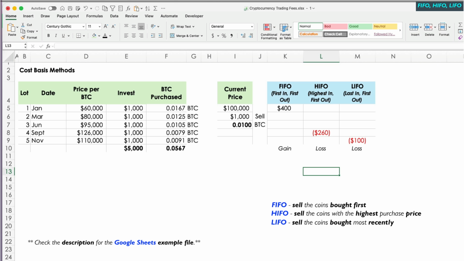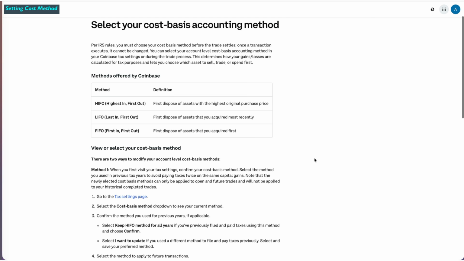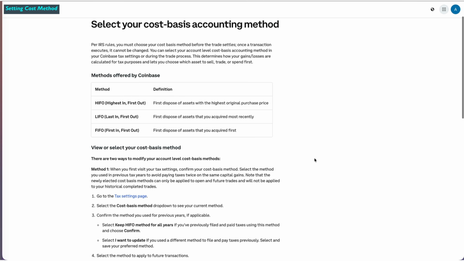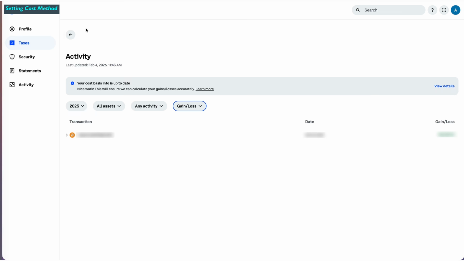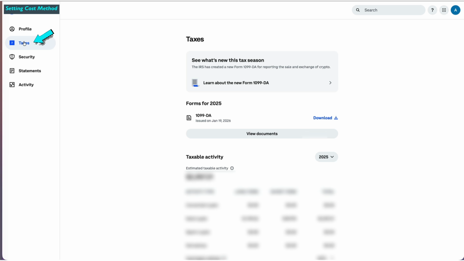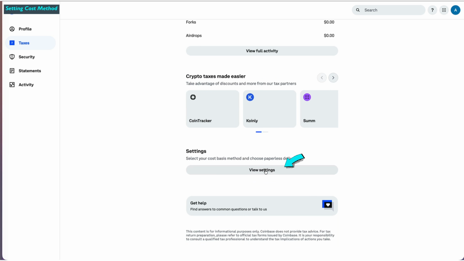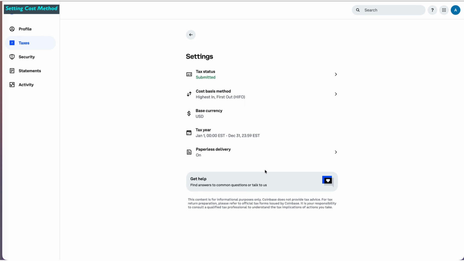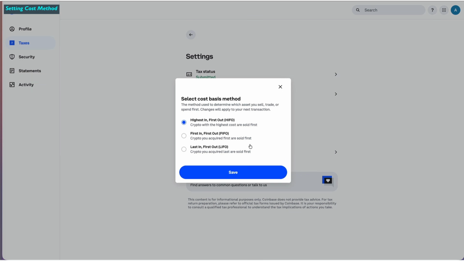LIFO can lower taxes in some situations, but it is less commonly used and requires clear records showing exactly which units were sold. Since now you understand the different cost methods, you can set or change your cost basis method by clicking the tax settings link or going to taxes and scrolling down to settings. Then choose or update your cost basis method.